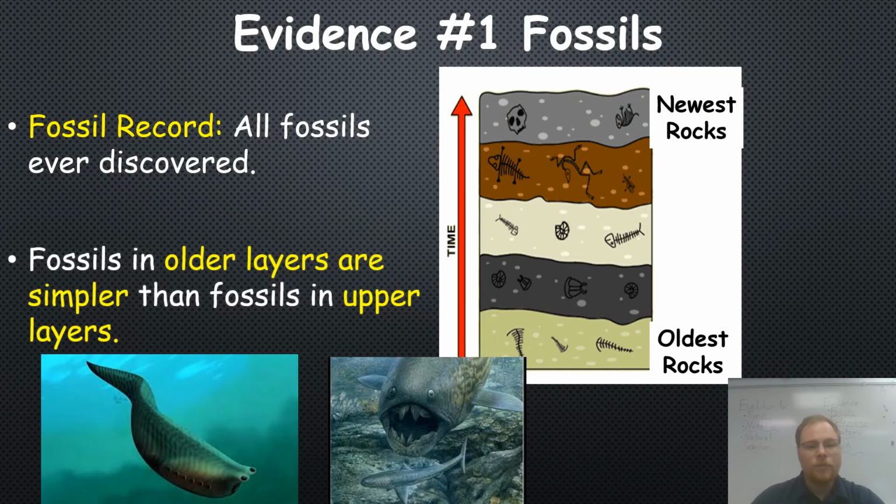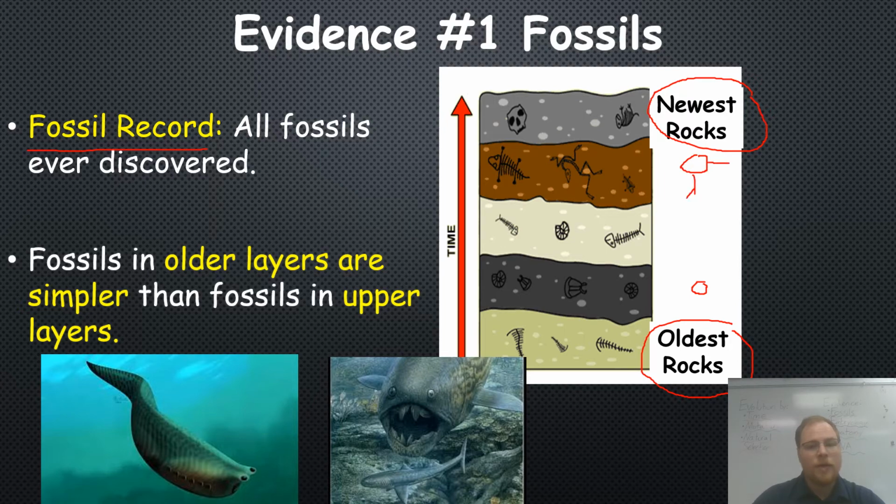Now, all the fossils on Earth that we've discovered, at least, are in the fossil record. All the fossils that we've discovered are from layers of sedimentary rock, where the bottom ones are always going to be the oldest ones, and the newer ones are going to be at the top. The ones at the bottom are going to be simpler than the ones at the top, which are a little bit more complicated.